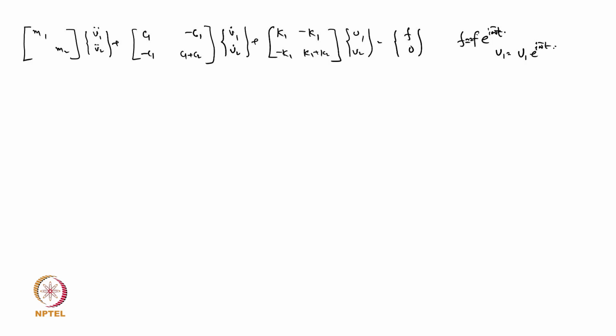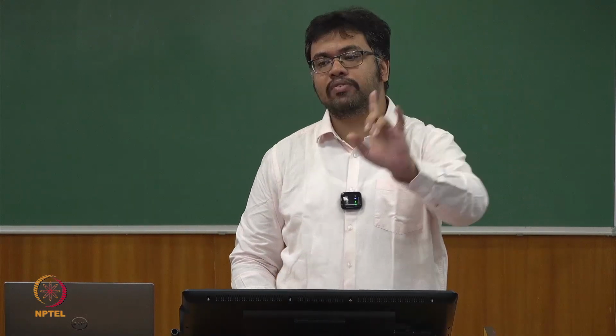So never try to match this result with a numerical result, because if you do a numerical analysis, suppose you have the initial condition and all those things, you implement the Runge-Kutta method or something, you will get transient plus steady both. But if you just assume like this and solve it, you will get only steady. So do not try to match the two results. Obviously your steady state response amplitude will remain the same.